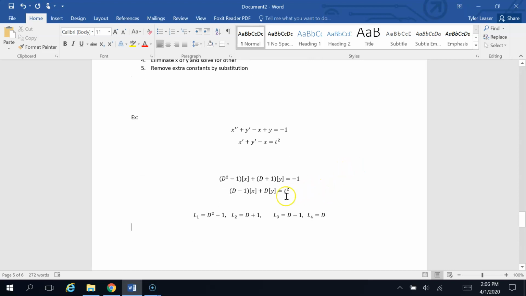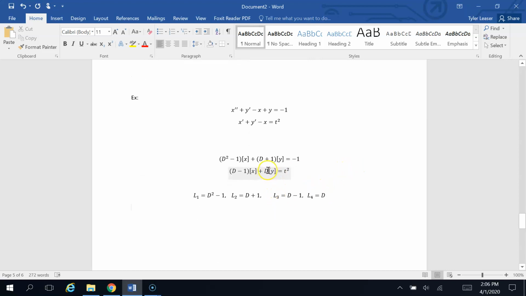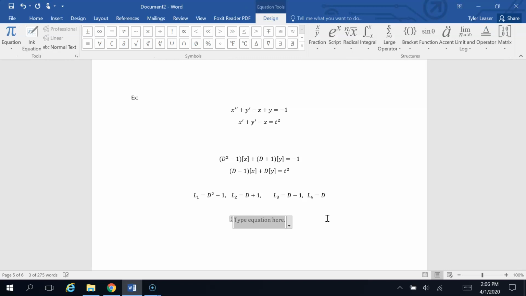So basically I'm going to multiply by d on the first equation, and negative parentheses d plus 1 onto the second equation. So just to write it all out, it's going to be this.